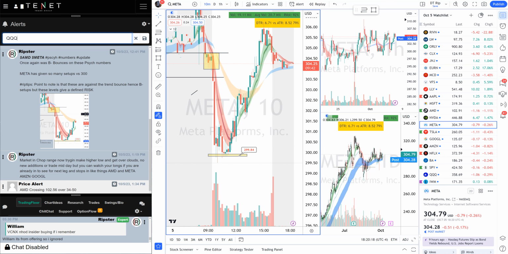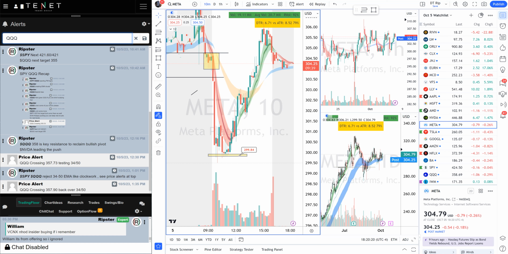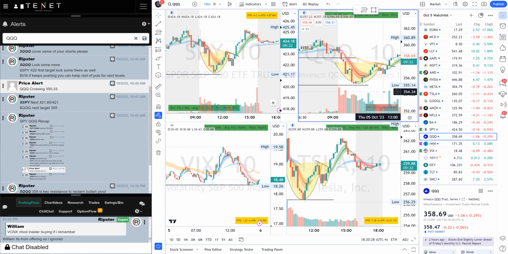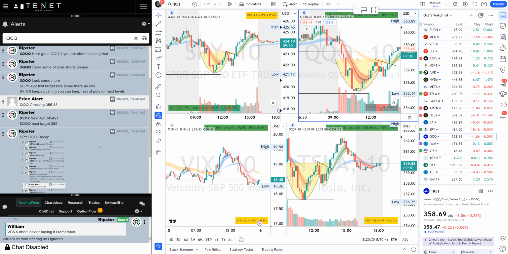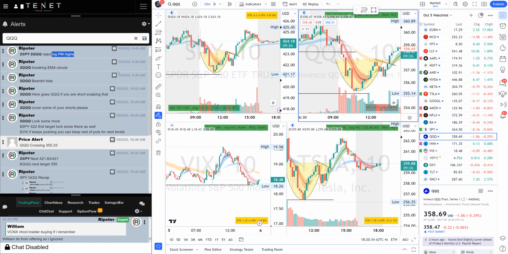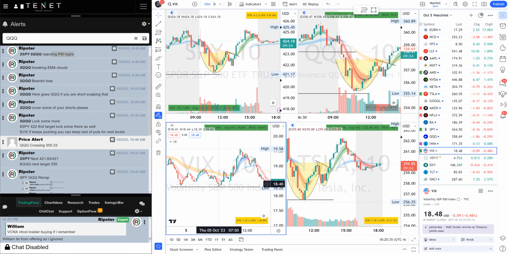Before I go to the pattern that we are going to talk about today, I would like to talk about how we shorted QQQ in the morning. I was on the voice like every day for the market. So what did I see, right? I saw that VIX is bouncing and VIX is breaking out from 18.50.